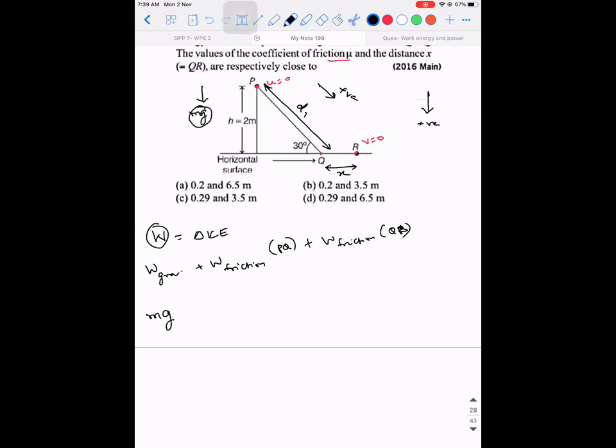In the direction of mg, what is the displacement? It is h. That's what we technically call potential energy. So mg into h. Did you understand why I wrote plus h? Because h is also in the downward direction. Accepted? So what is the work done by friction in the path PQ?